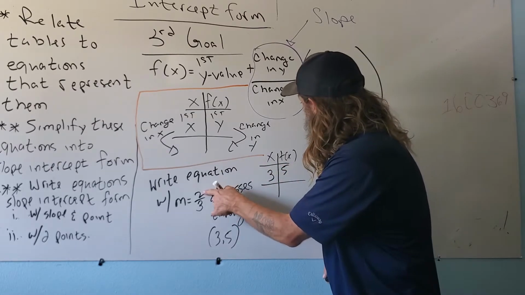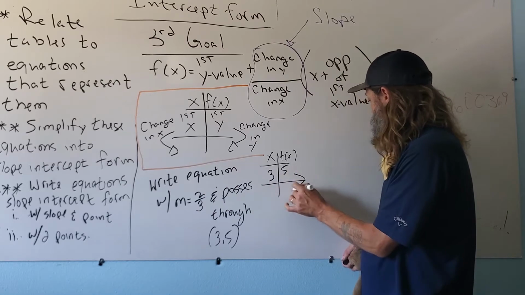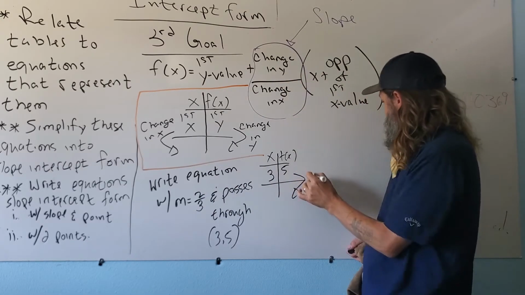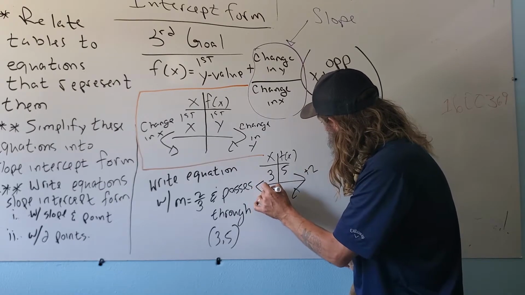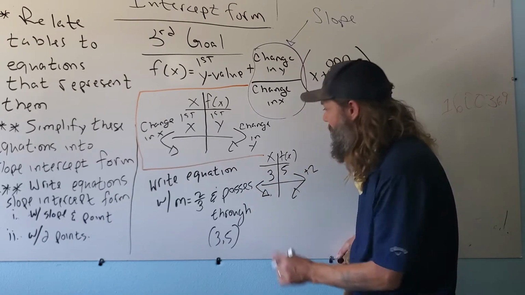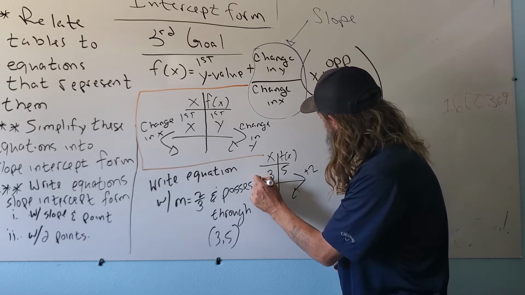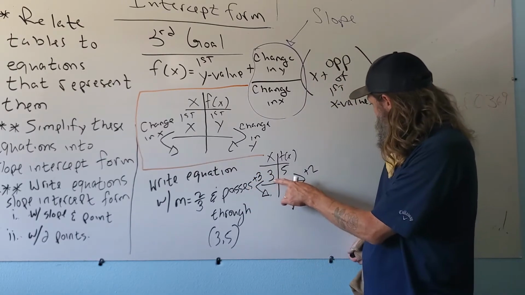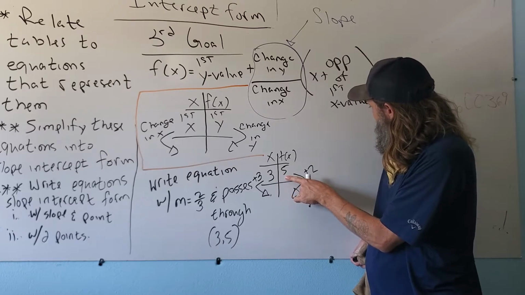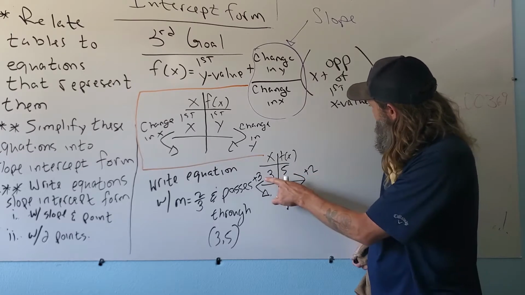My change in y is the 2, remember? Because it's the rise, so it's 2. And my change in x is going to be 3. So my first x is 3, my first y is 5, my change in y is 2, and my change in x is 3.